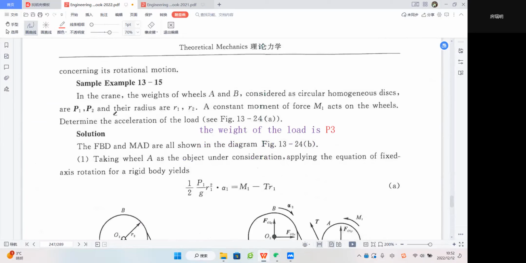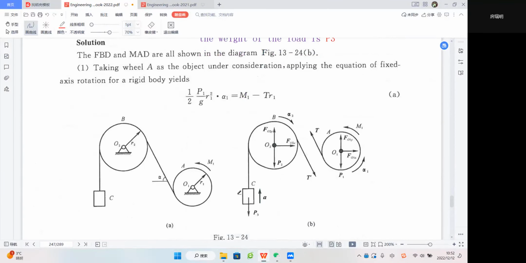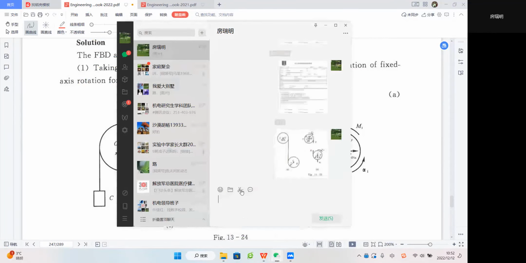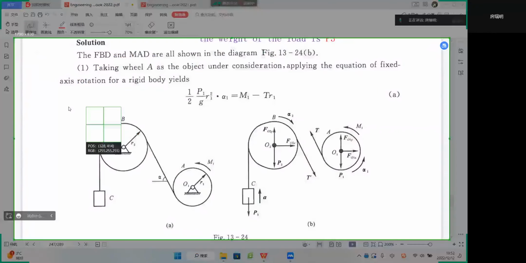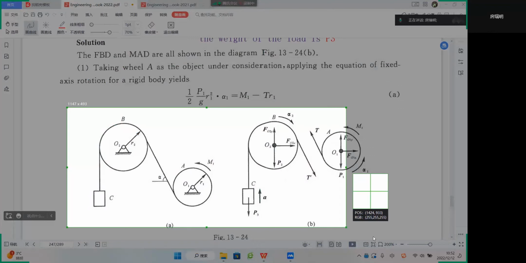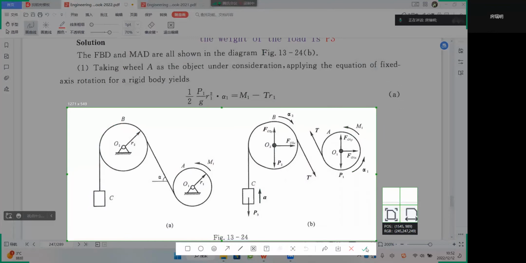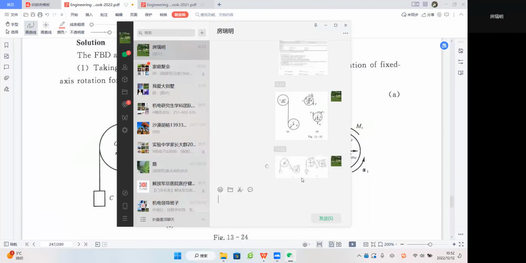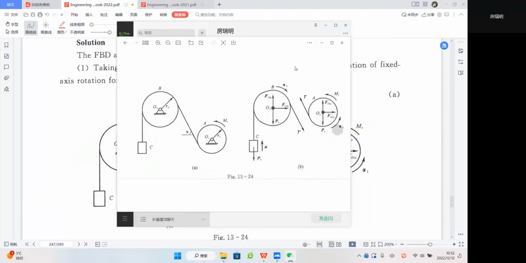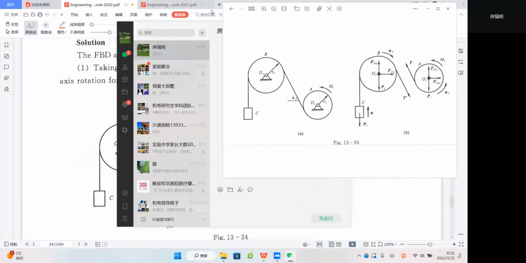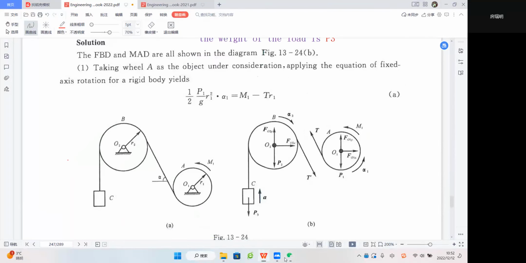See in this screen, maybe I should cut it for you guys first, then it's easy to introduce, because we can once again look at the picture. Let's see.